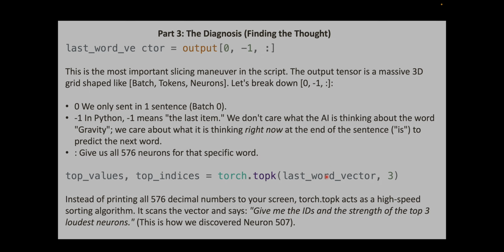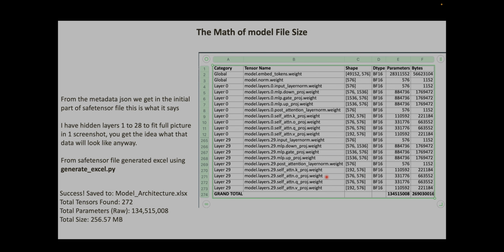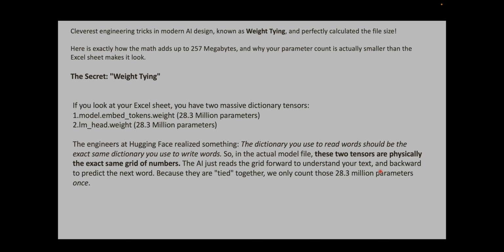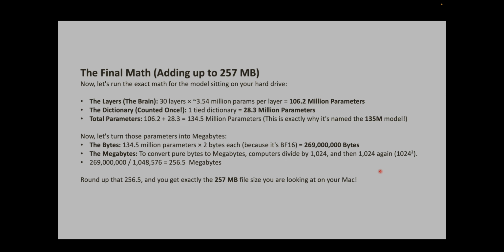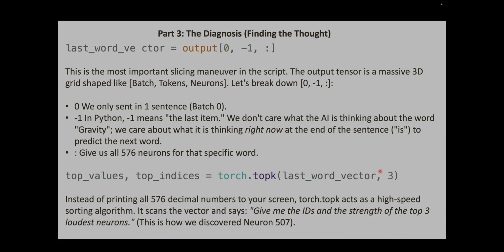Each vector consists of 576 neurons. Why 576? Because that's the shape, you can see 576. So each vector is of size 576, and out of that we are trying to find the loudest 3 neurons. This is the diagnostics.